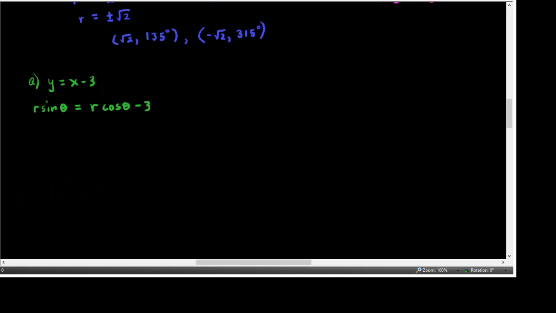One thing I want to say about this is typically when we have y's and x's, we like to write it as a function, y equals something, or f of x equals something. So y equals a function of x is a pretty standard form that we sometimes like.